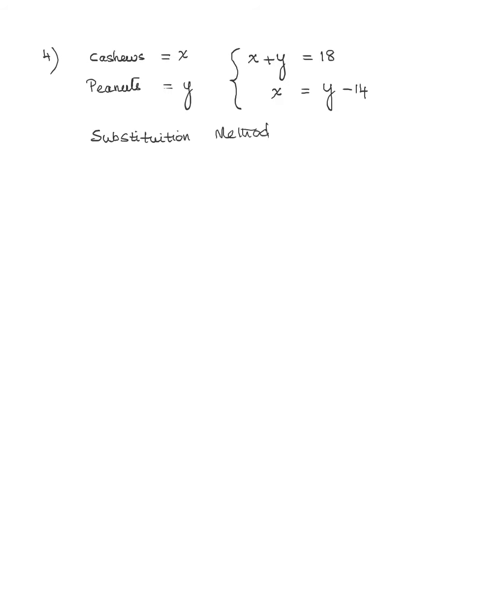That means we can substitute one of the variables into the other one. Since the second equation has x by itself, we can substitute x equal to y minus 14 into x plus y equals 18. So what does that mean?